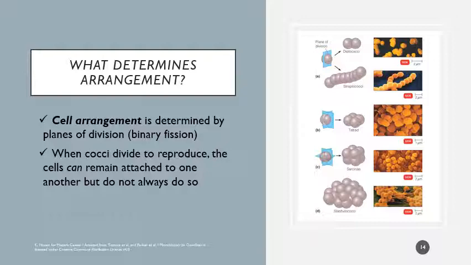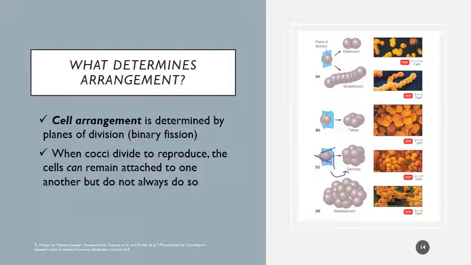If you have this more complicated situation, I guess if we were in anatomy, we would call this transverse right here. And then we also have the sagittal and the frontal planes. But that's what leads to sarcinae. And then kind of random, not really organized division leads to staphylococci.